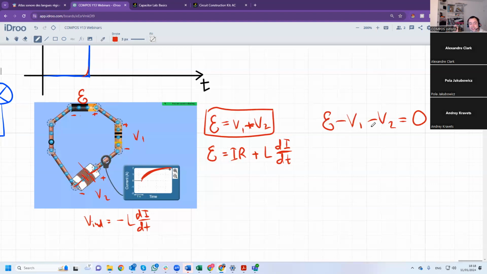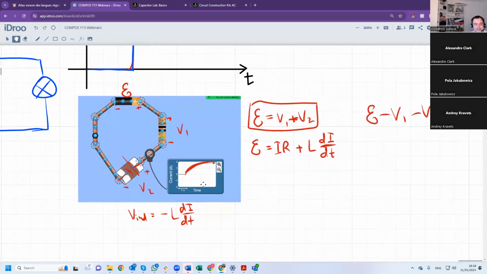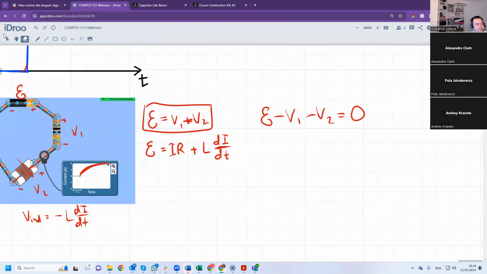So you almost can ignore Lenz's law here, which tells you that there's a minus, because you can work it out for yourself. Is it going to be positive or negative? And then based on this, put a plus or a minus. Okay, I hope that makes sense.